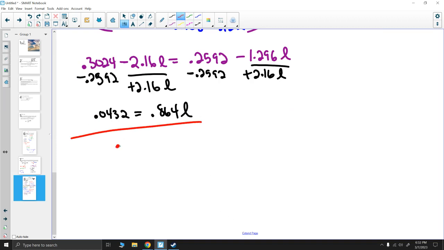Okay, divide everything by 0.864, so we end up with 0.05, exactly. 0.05 is equal to L.